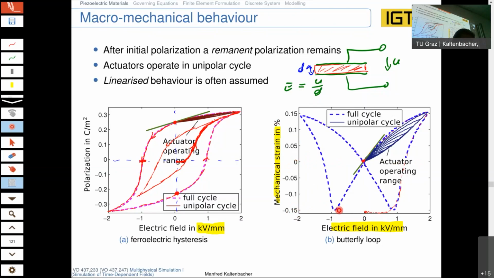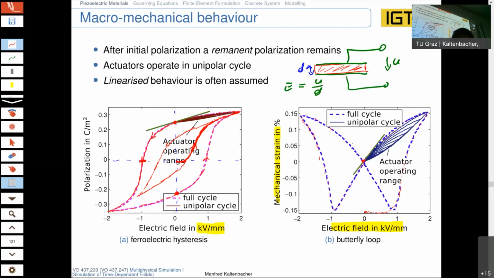And as you can see, and I think this is quite interesting, when you now again apply a voltage in the other direction, you go like this, and you see this so-called butterfly curve.